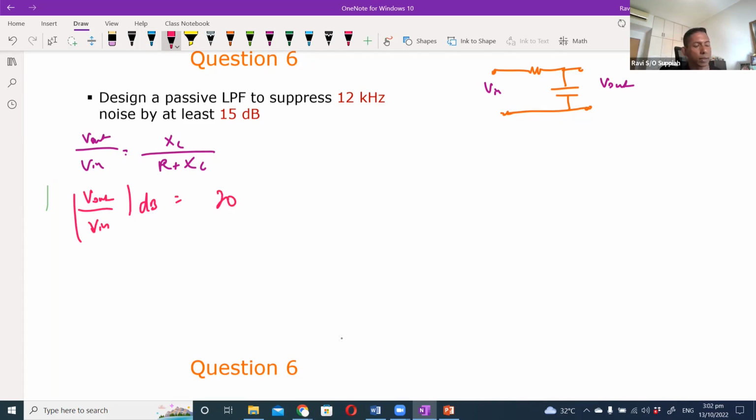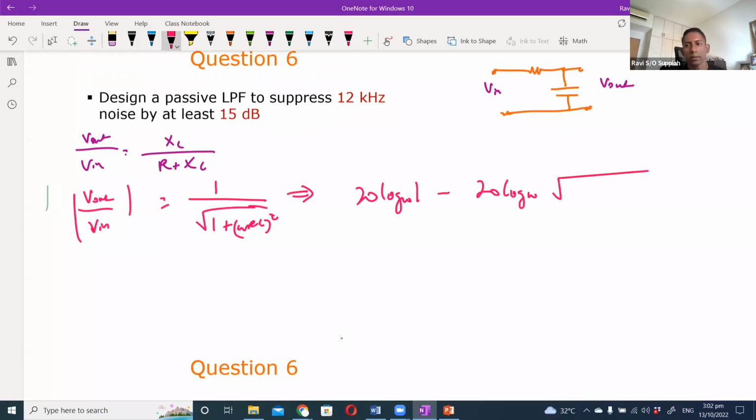Before dB, maybe I just put the expression. It should be 1 over square root of 1 plus omega RC squared. So in dB it will be 20 log to the base 10 of 1 minus 20 log to the base 10 of the square root of 1 plus omega RC squared.